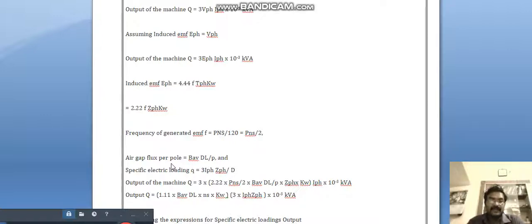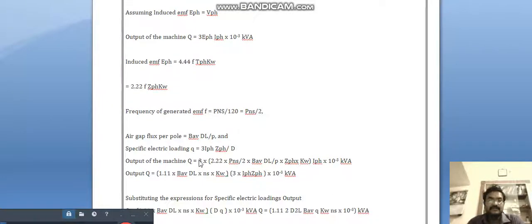And specific electric loading q is equal to 3 I phase Z phase by πD. So the output equation of the machine is Q = 3 × 2.22 × (P ns by 2) × (Bav π D L by P) × Z phase × kw, where kw is the winding factor, and I phase, multiplied by 10^-3 kVA.